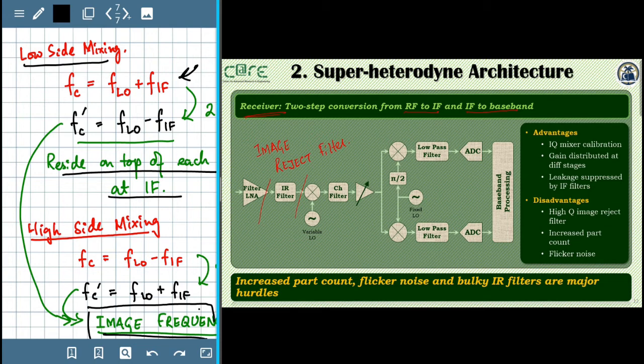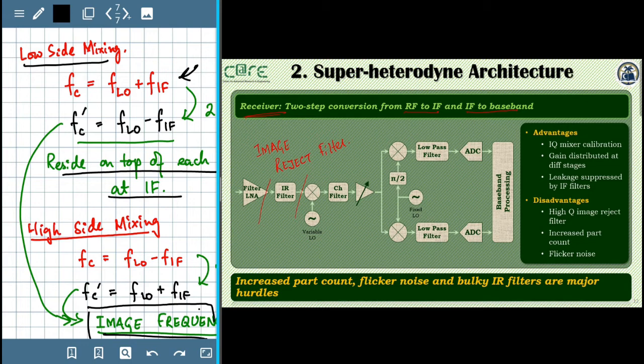The purpose of the image reject filter is to suppress this frequency as much as possible before this process of down conversion, to remove all the interference, because otherwise, the interfering signal would simply get superimposed on your intermediate frequency, and there will be no post-processing possible to recover the original signal.